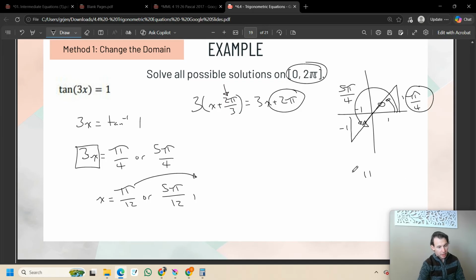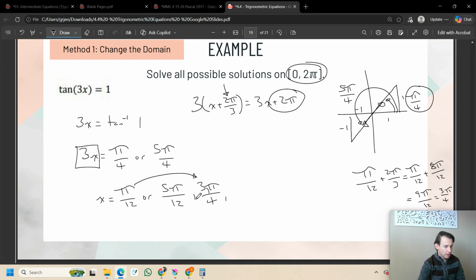So watch. So pi on 12 plus 2 pi on 3 is equal to pi on 12 plus 8 pi on 12 is 9 pi on 12, which is a fancy way of saying 3/4 pi. Okay, so then we get 3 pi on 4, and then we add 8 to that one, and then we get 13 pi on 12.